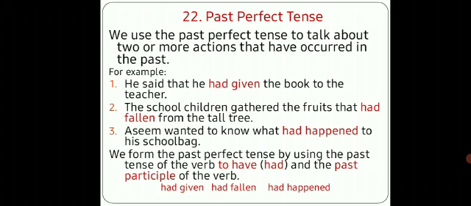So if you had to use the present perfect, it would have been has given. But since we are talking about the past perfect, it is had given. For both has and have, the past form, the participle form, is had. So, the school children gathered the fruits that had fallen from the tall tree.